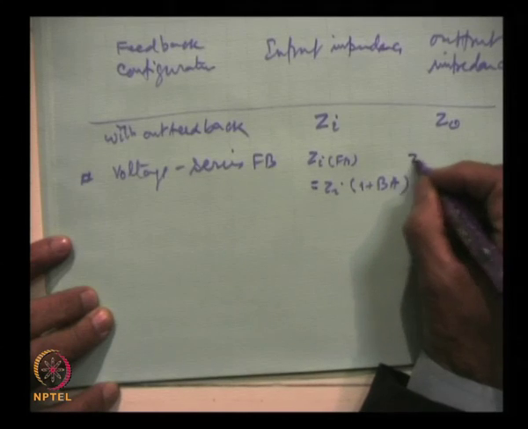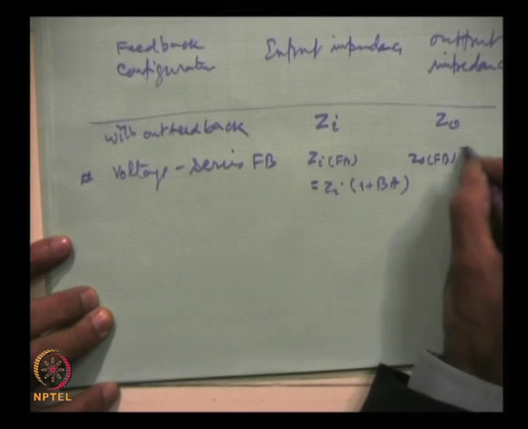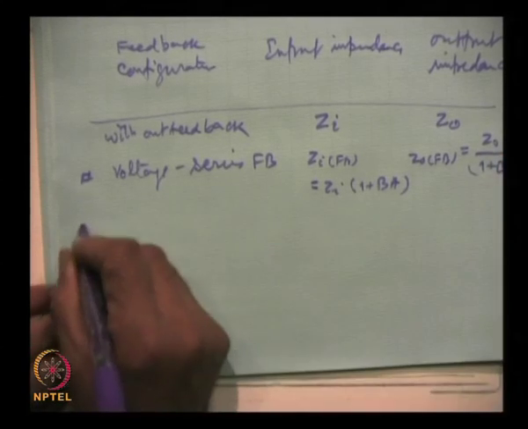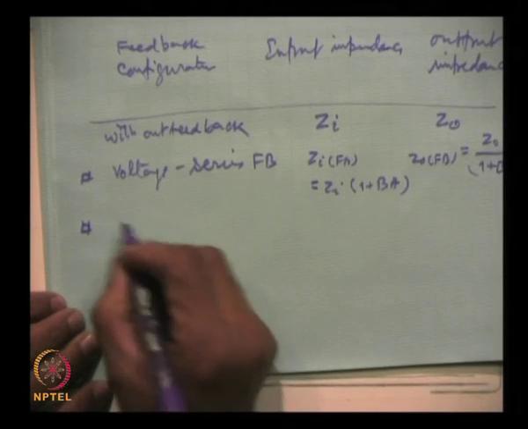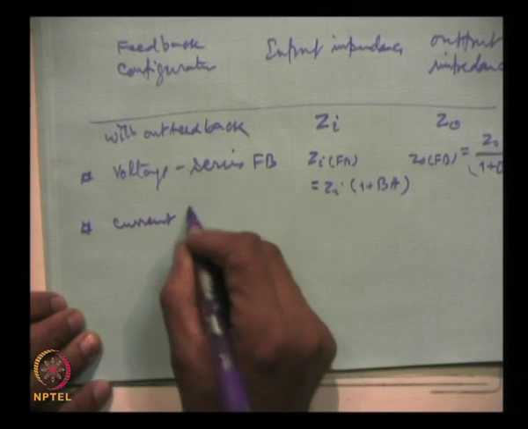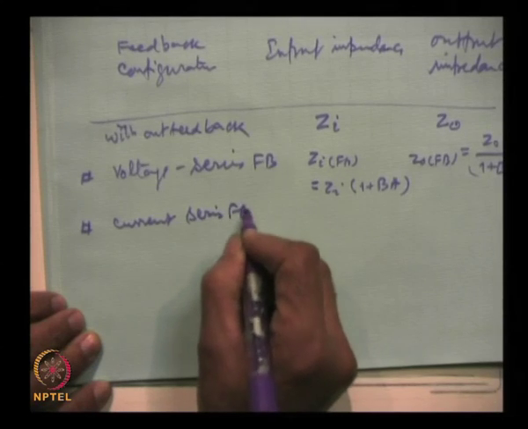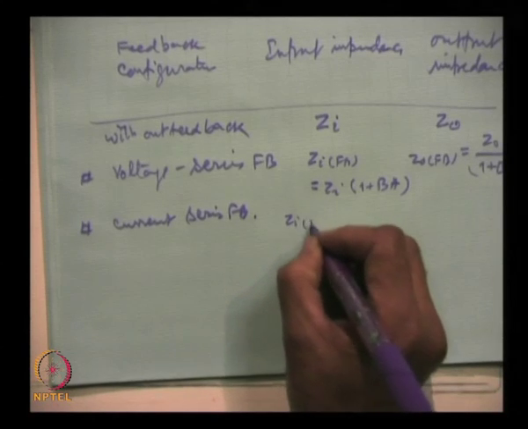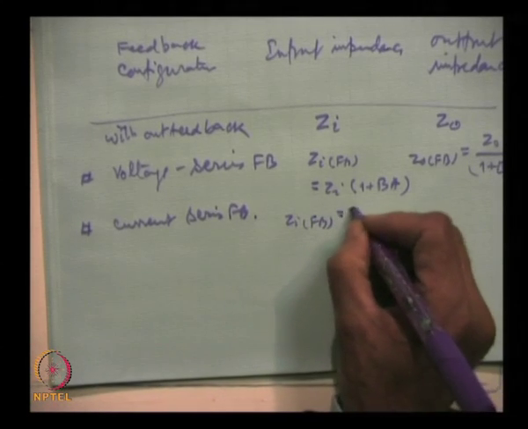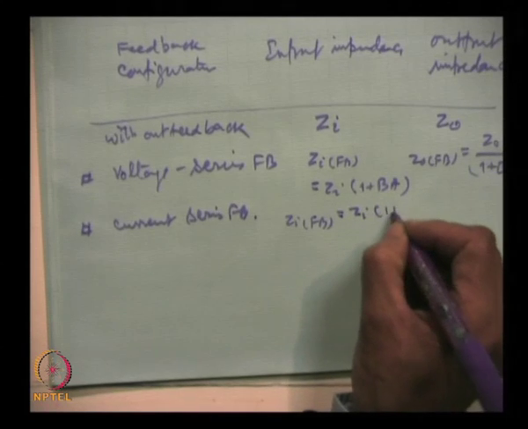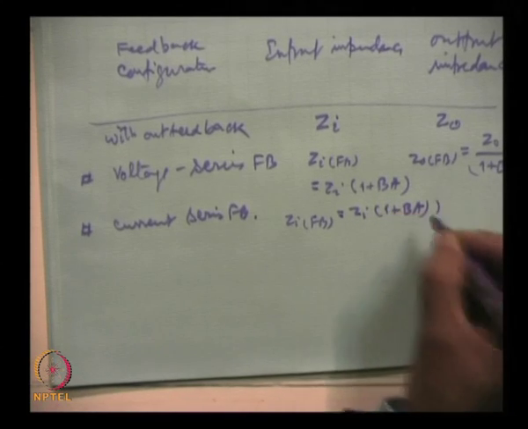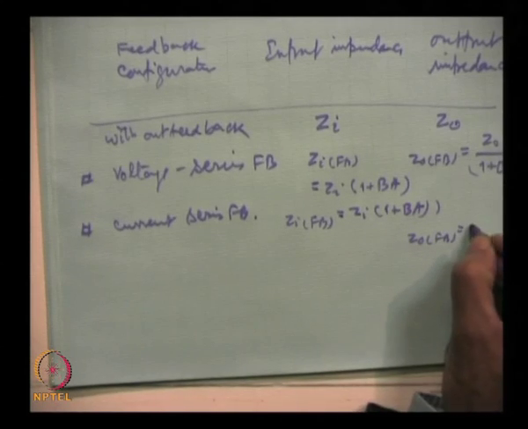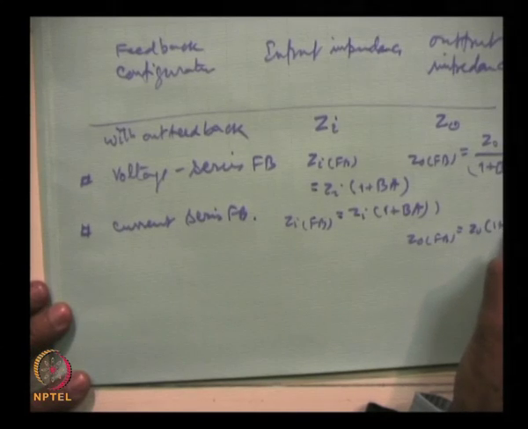So, Z 0 F B is equal to Z 0 by 1 plus B A. For current series feedback, both increase: Z I F B becomes Z I into 1 plus B A, and similarly output becomes Z O F B equal to Z O into 1 plus B A.